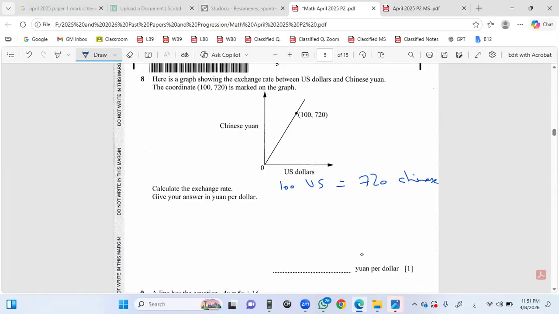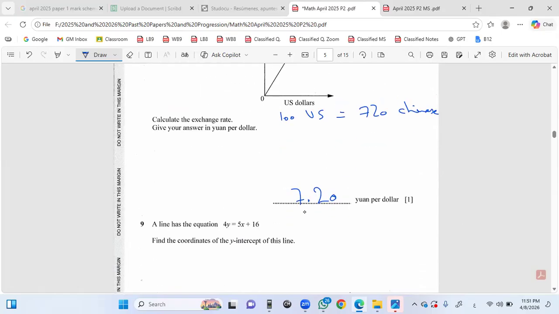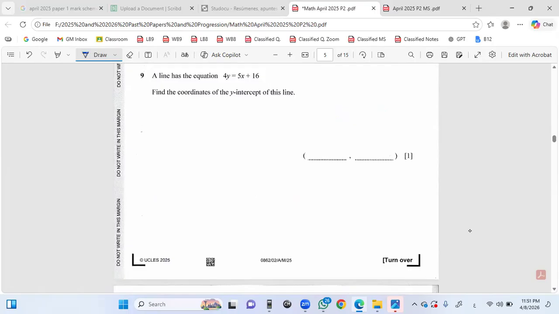They want per dollar, so I'm going to divide here by 100, and divide here also by 100, which is going to give you exactly 7.20. So 7.20 is yuan per dollar.